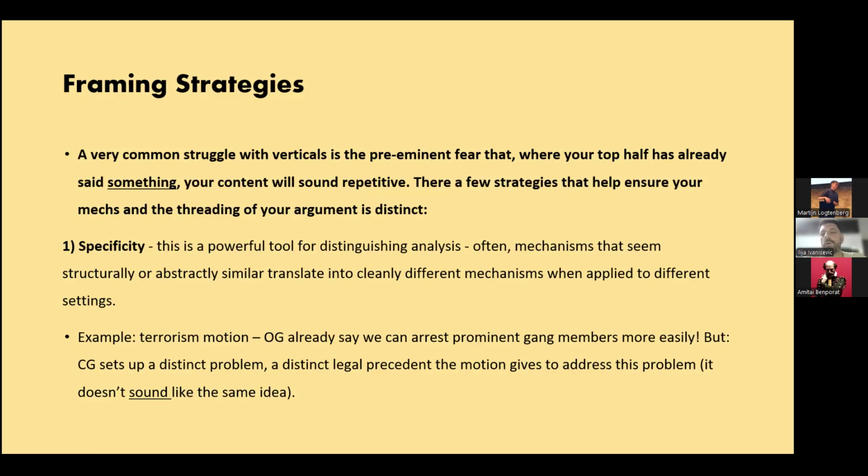So for example, in the motion about state funding for research on human characteristics, I think the good way to position this extension is to say, okay, we're going to explain what specifically are the likely kinds of research that are going to be funded, and then why these things matter. Something that positions why what you're very concretely talking about matters is, I think, powerful in terms of framing your strategy.